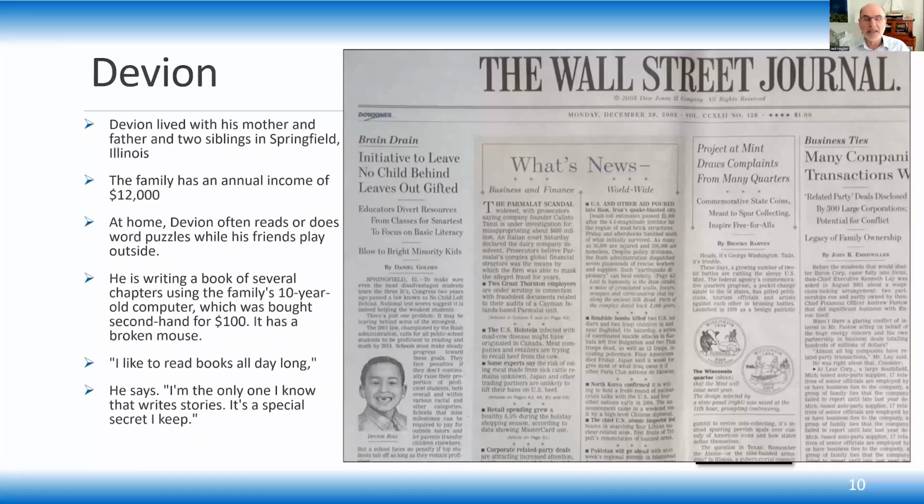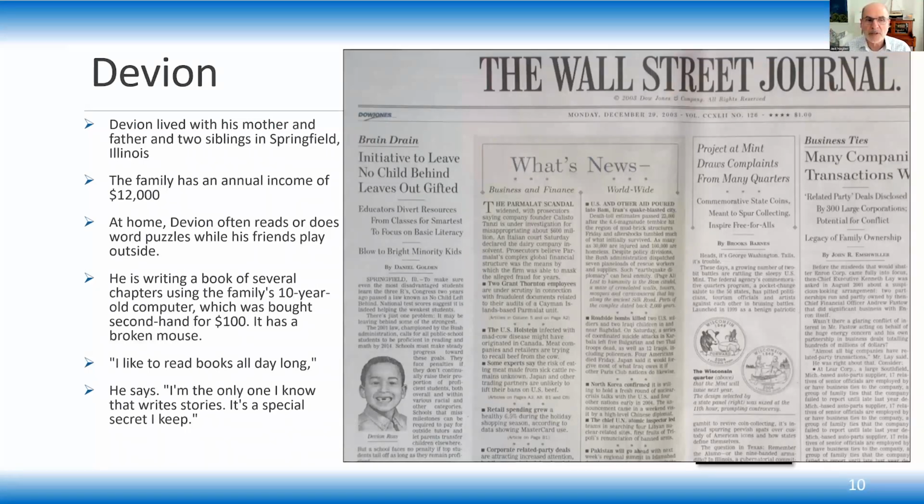He started telling me, and then I realized it was Devion Ross, who I actually knew of already, never met him, but knew of him through Susan Rhodes, the director of Gifted in that district where he lived in Springfield, Illinois. Just to give you some context, family is in poverty. Devion reads a lot at home, does a lot of things at home, has an old computer with a mouse that doesn't work.